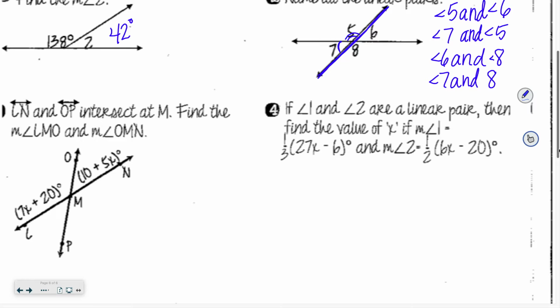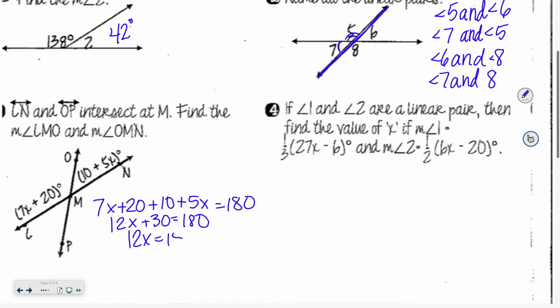Add them together and set them equal to 180. 7x plus 20 plus 10 plus 5x equals 180. 12x plus 30 equals 180. 12x equals 150.